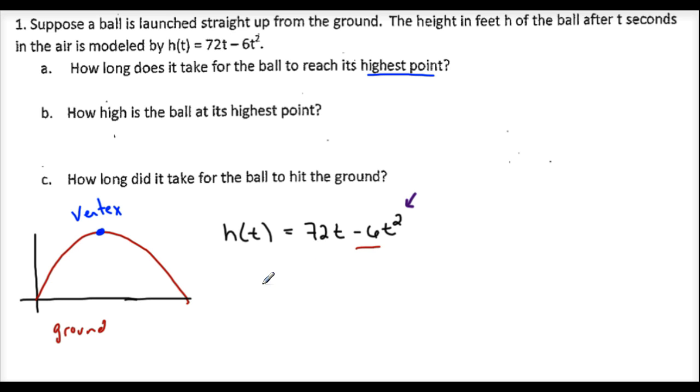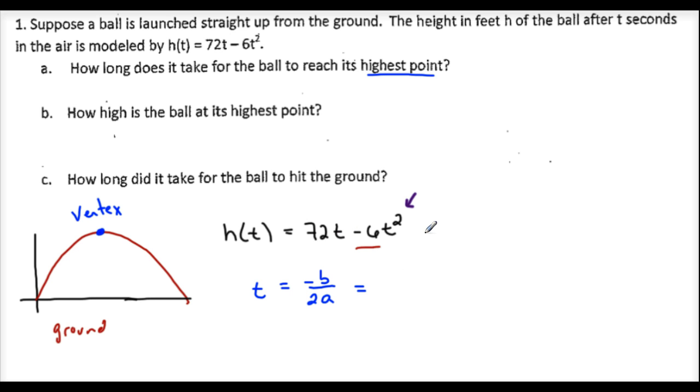We're going to use x equals negative b over 2a to help me find my x coordinate. Or in this case, I'm not going to use x. Since we're talking about h of t, what can I use? T. So t equals negative b over 2a. What is my b? Careful.